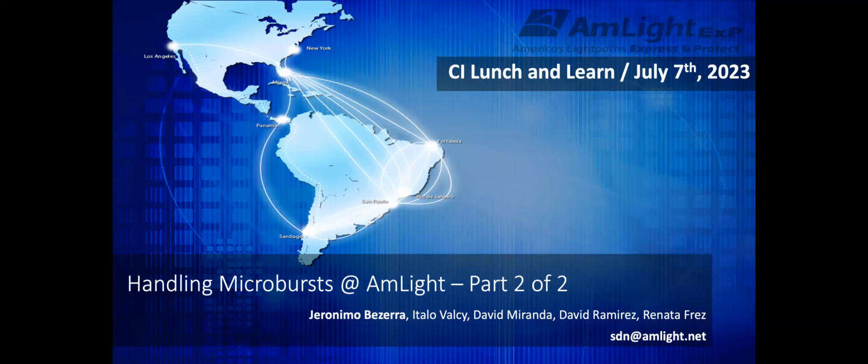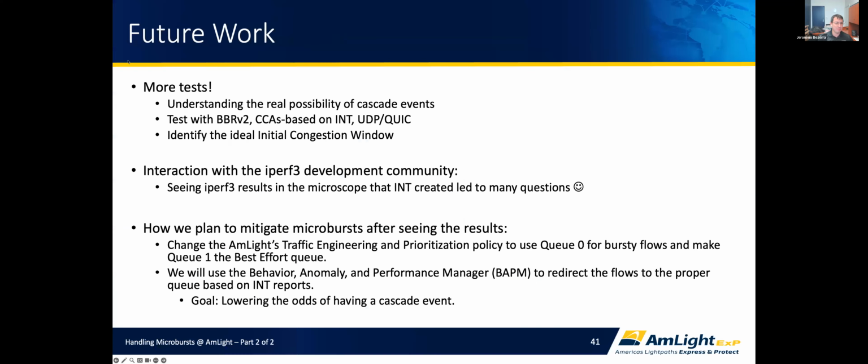Thanks. This is a great talk. I noticed that you were injecting the microbursts at the receiver end, I believe, at the destination of the flow. Does it matter if they're coming in at the source or the destination? That's a great question. To be honest, Katie, I removed this from this presentation because Italo said the slides had too much content.